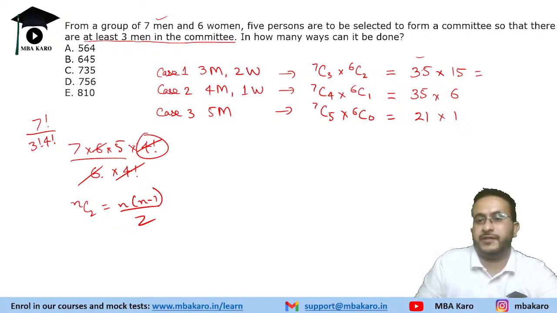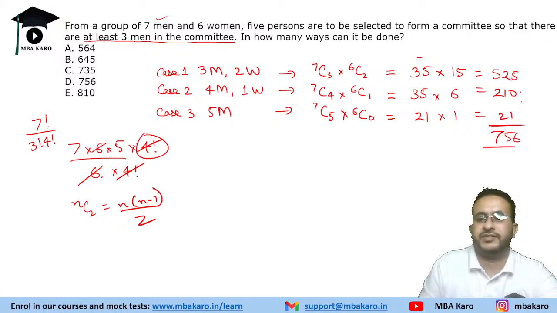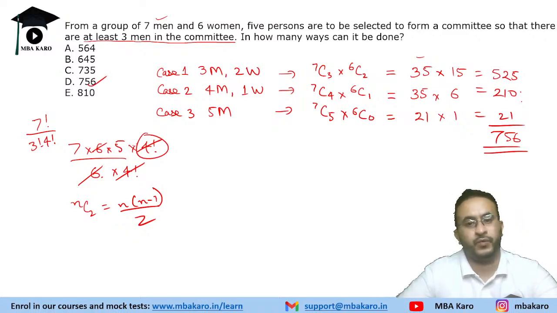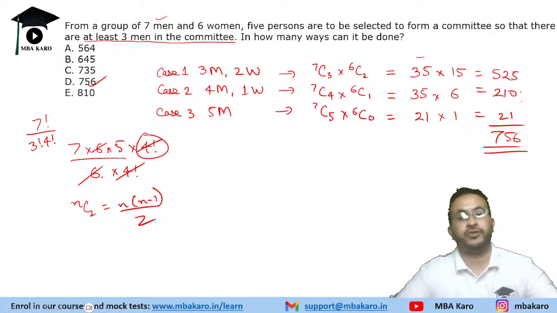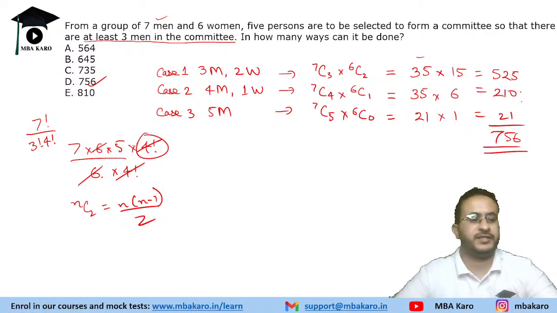So you will get 525, 210. This is 21. 35, 56, and 7. So 756 ways. So be prepared with permutation combination also. You can expect such kind of questions, basic questions on these.